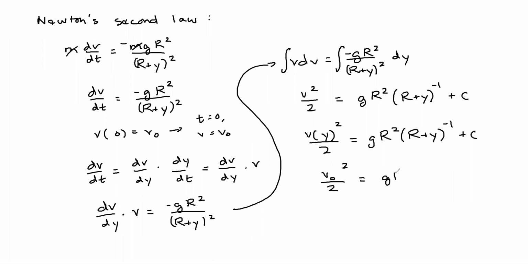Right, so we're going to get gr squared. If you plug in y equals 0, you get r to the negative 1 plus c. And then this cancels one of those.